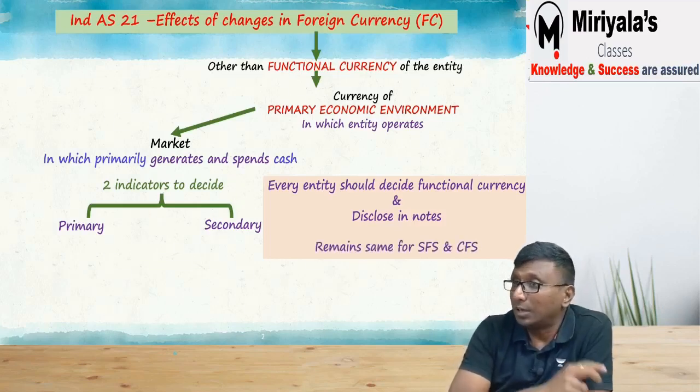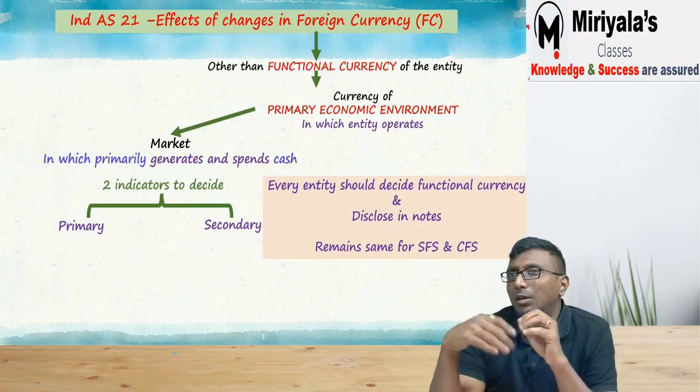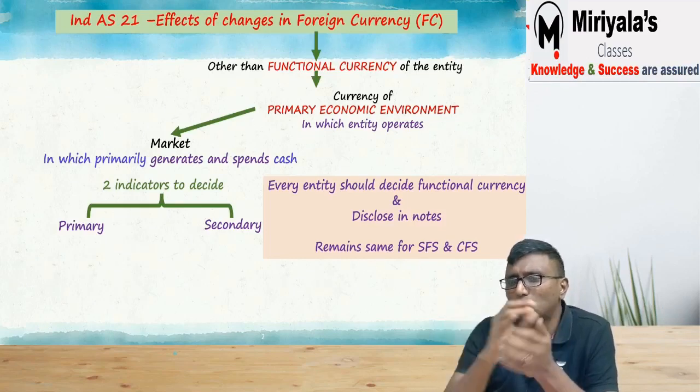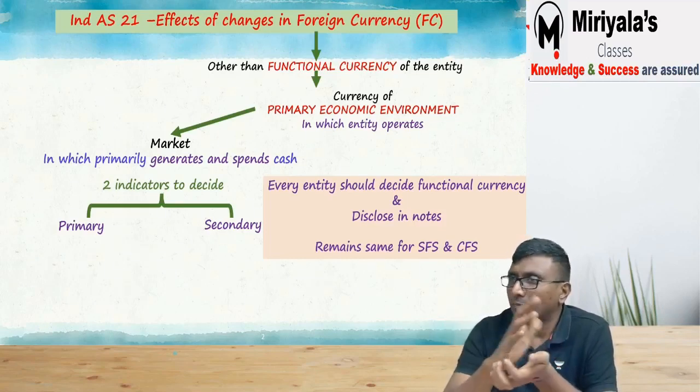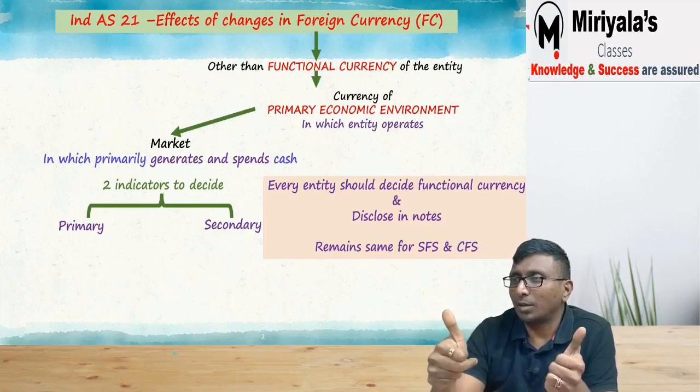Next, whatever currency you fix. A question should come: sir, I am a parent company in India, and my business is mostly in India, so for me the functional currency is rupee. Excellent.